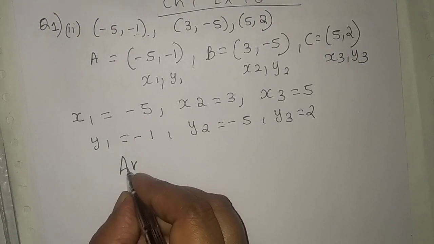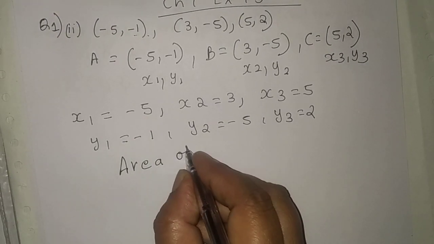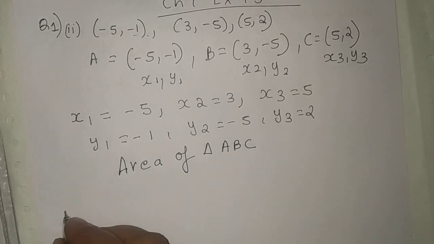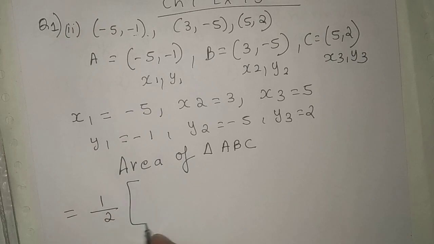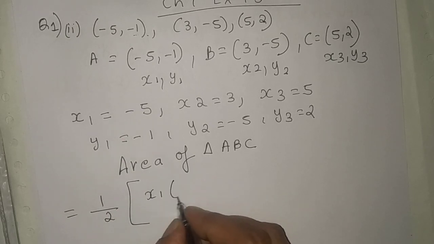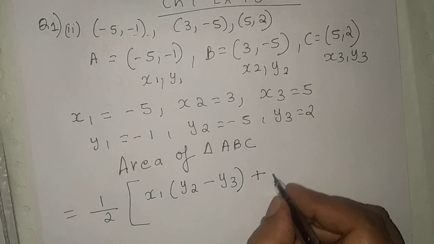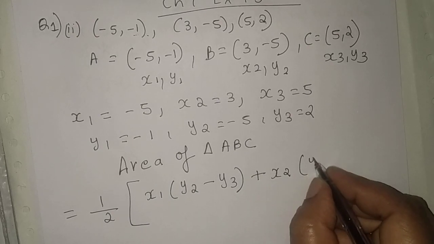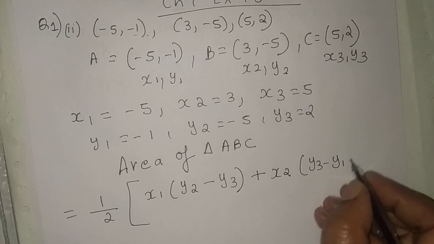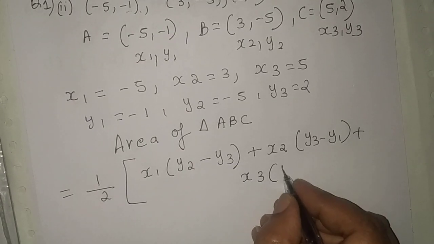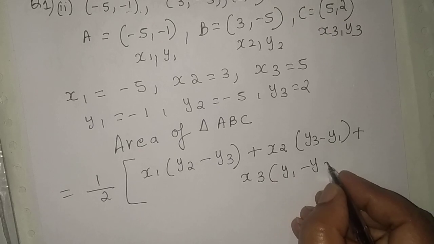Therefore area of triangle ABC is equal to, write down the formula: 1/2 into x1 (y2 minus y3) plus x2 (y3 minus y1) plus x3 (y1 minus y2).